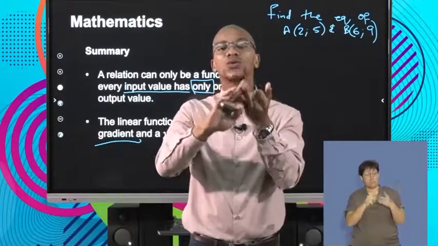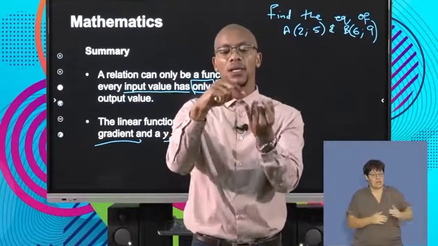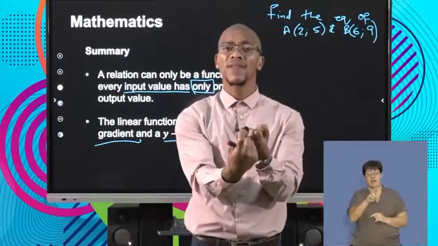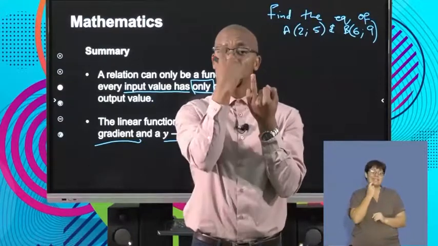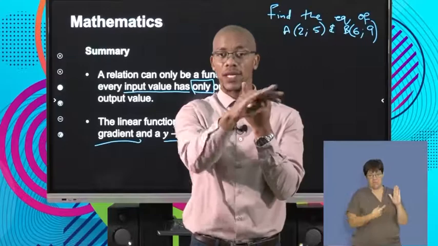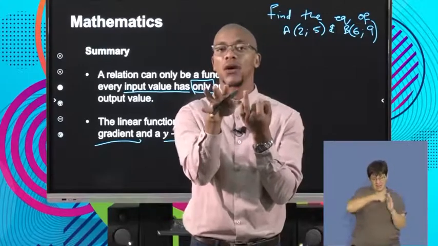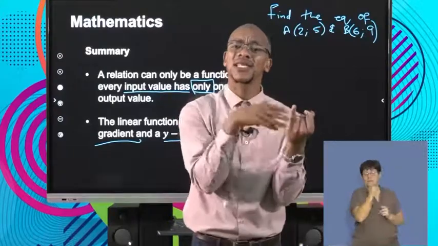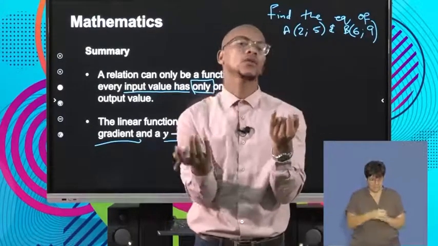Remember I said the two most important things are what? The gradient and the y-intercept in terms of a linear graph. The y-intercept, it's easy to see it on a graph, right? When I gave you the Cartesian plane and draw the graph. The gradient, whether it's a graph or it's points, it doesn't matter because you always need to calculate it.